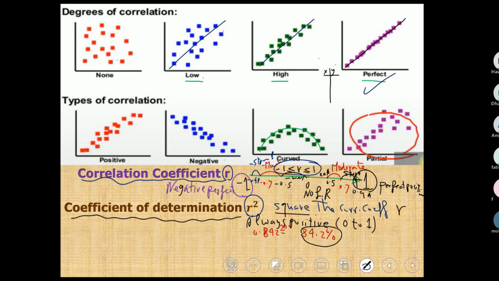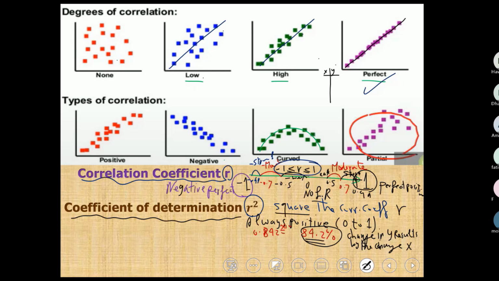This percent of the change in your dependent variable y, the response, results from the change in x. Maybe the rest of this 100% does not depend on x.